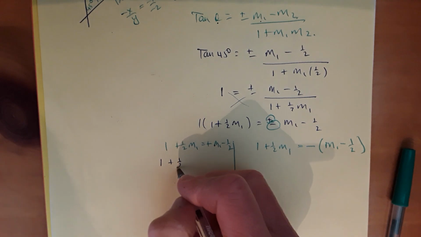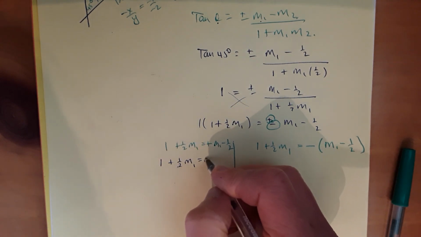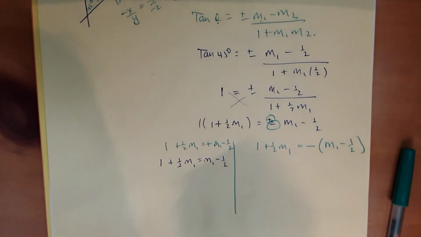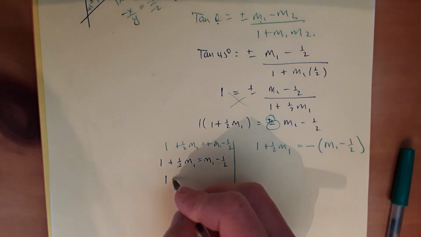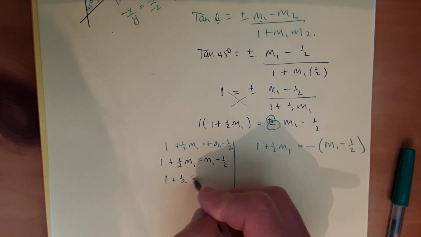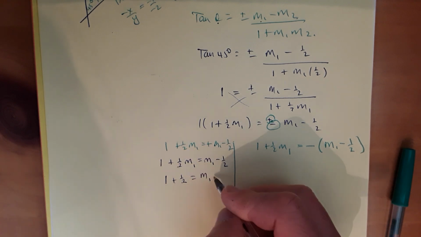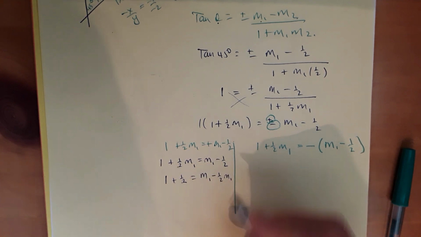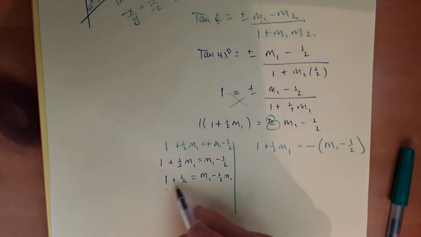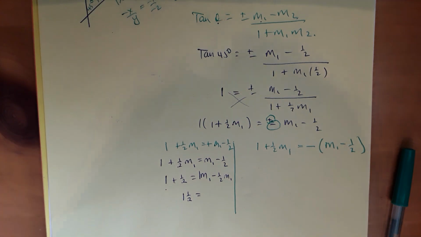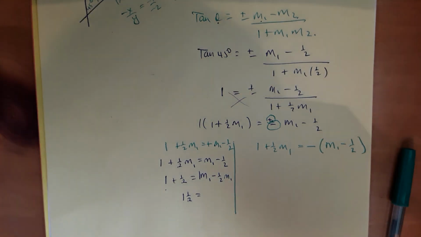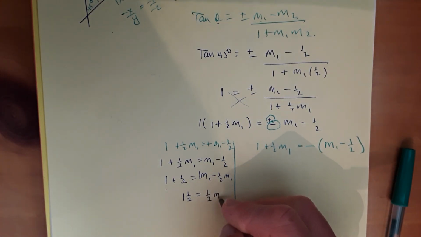All right, we'll solve. 1 plus a half m1 is m1 minus a half. Bring all the m's together, bring all the numbers together. 1, bring over minus a half and it's plus, is equal to m1, bring over a half and it's minus a half m1. Now 1 plus a half is 1.5. m1 minus a half m1 is a half m1.